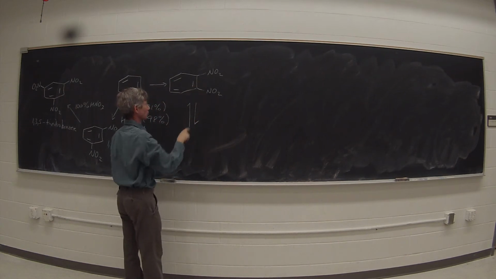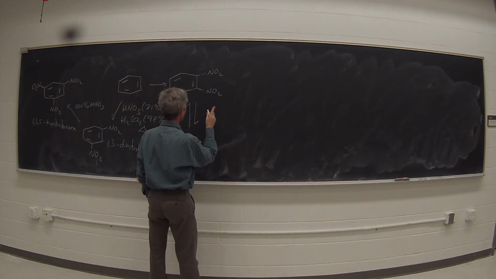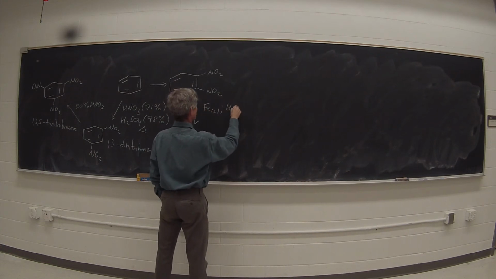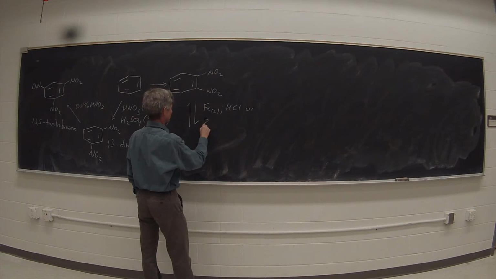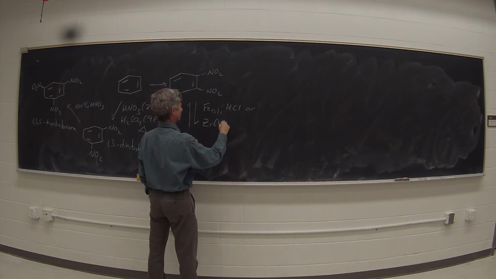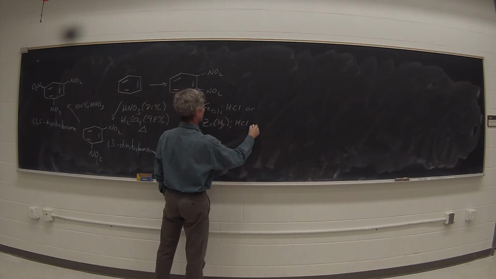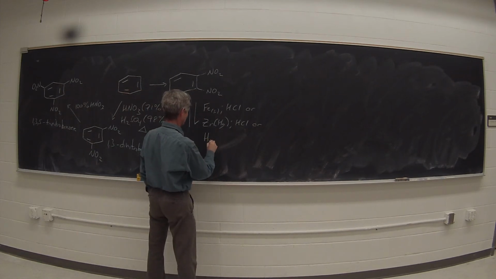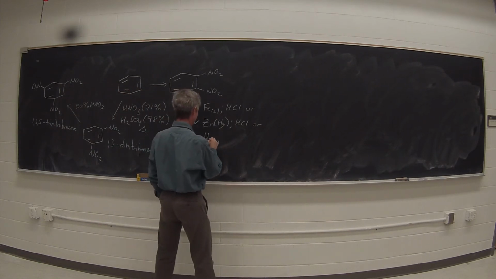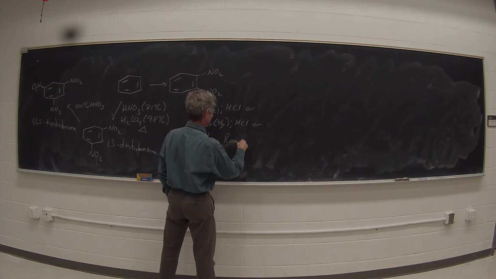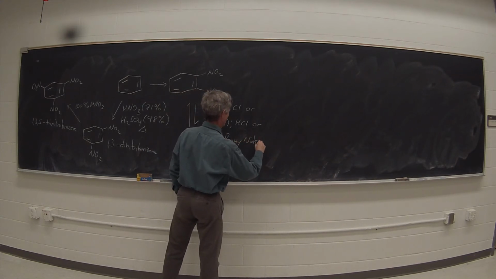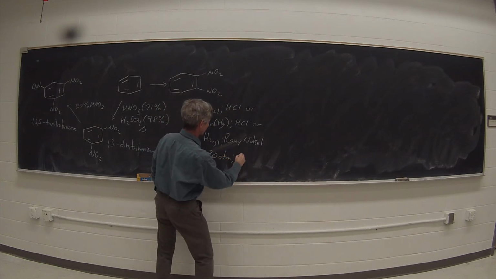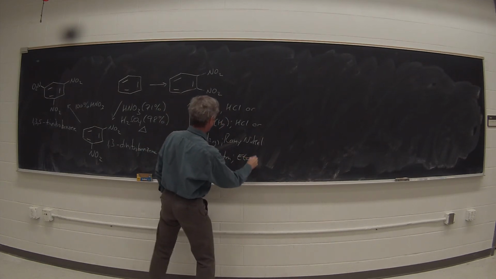So if we want to reduce the nitro group to the amino group, we can do that with either iron solid and HCl, or the Clemmensen reduction using zinc amalgam and HCl, or we can reduce it with hydrogenation, H2 gas, and a catalyst, often Raney nickel, at some pressure, perhaps 30 atmospheres, and often in an alcohol solvent.